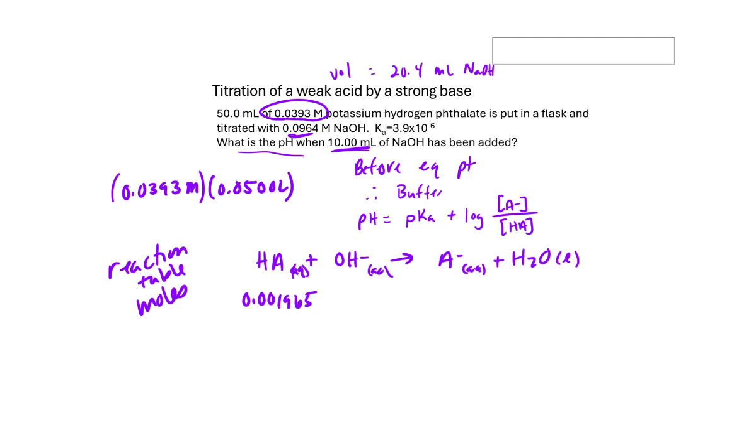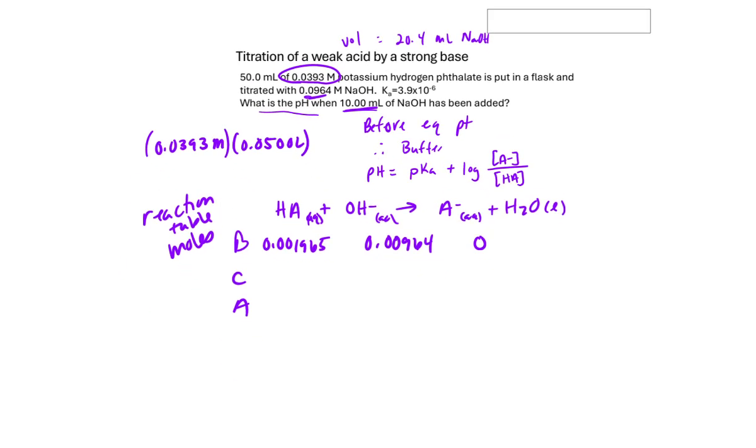The concentration is 0.0964 multiplied by the volume in liters, 0.01, and we're going to get 0.000964 moles of OH minus initially. So this is our before, change, and after table, our BCA table. Our initial moles of HA and our initial moles of OH minus go in the before line. We don't have any initial moles of A minus.